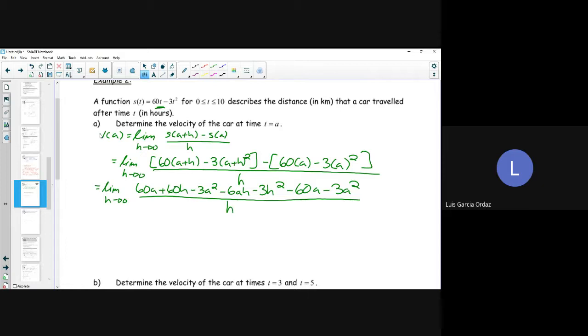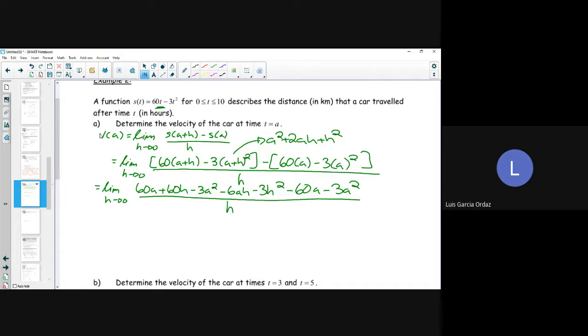Okay, I skipped the step because I know a plus h squared is just a squared plus 2ah plus h squared, and I skipped that step because it was an easy expression to work with when it comes to a perfect square.